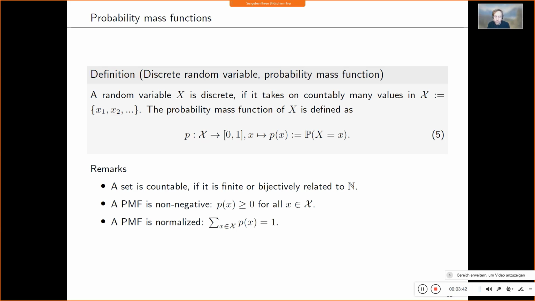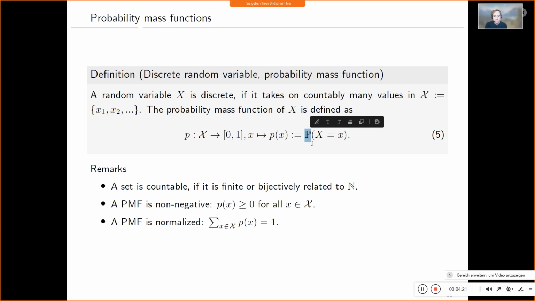We allow here for countably many values. For a discrete random variable, the probability mass function of x is defined as a function from the outcome space to the interval 0, 1. To each outcome value x, P_x is associated, and that's the probability that x takes on the value x. Here you can think about whether this is referring to the distribution or the underlying probability measure.